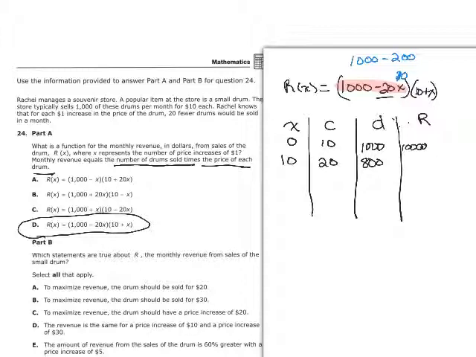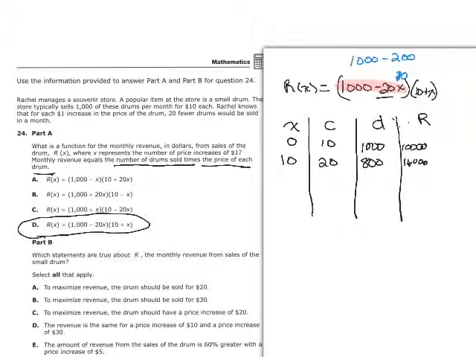But that's okay because I'm still going to make more money. 20 times 800 is going to net me $16,000. So even though my number of drums sold has decreased, I'm making more money per drum. So I'm good so far.